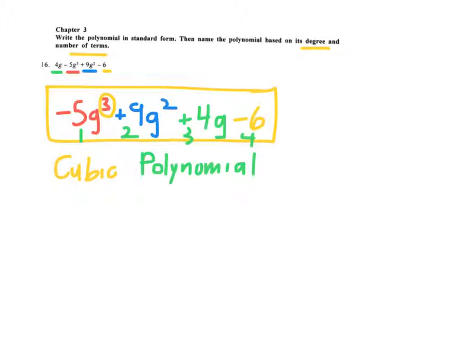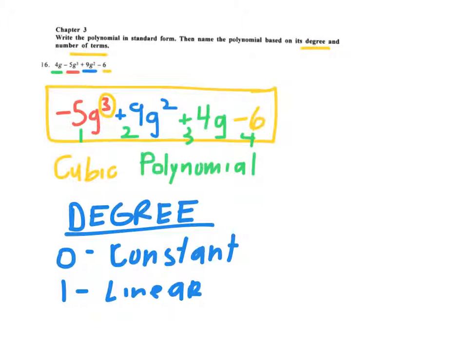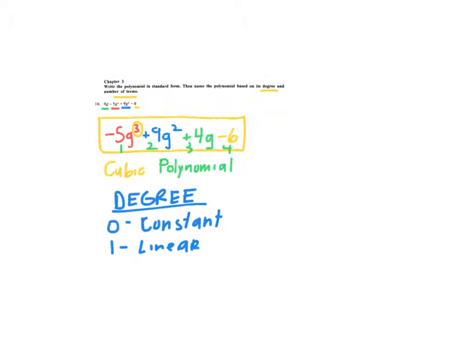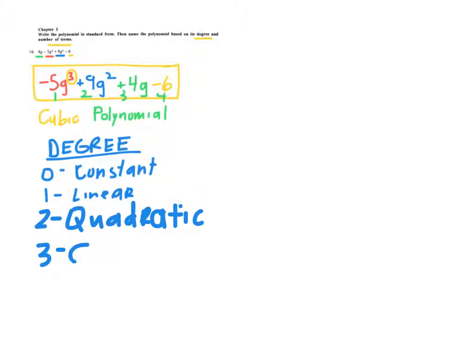For degree, if it's 0, it's a constant. 1 is linear. 2 is quadratic. 3 is cubic. 4 is quartic.